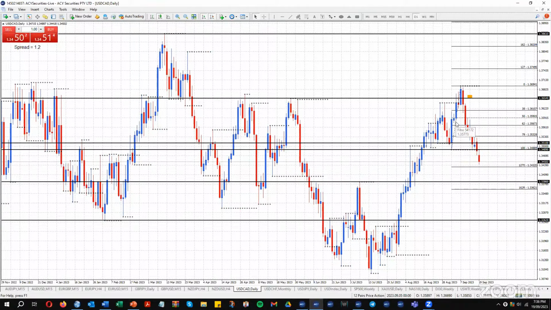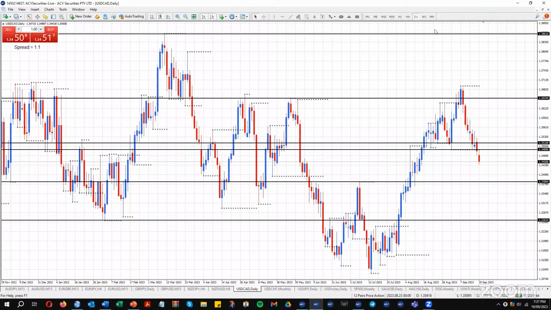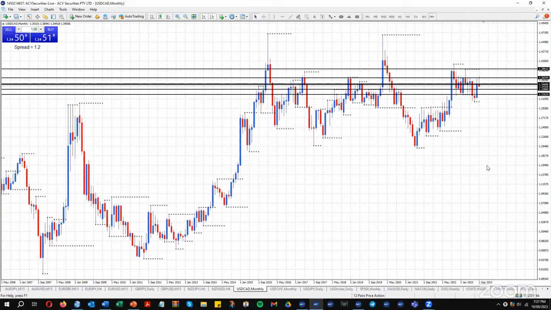So the bigger question was up here, the failure up here, and all this resistance to the left. It would seem that the monthly structure on the dollar Canadian is in play. We could be putting in a lower top here. We have lower top, lower bottom on the monthly. Are we further putting in another lower top to trade down?